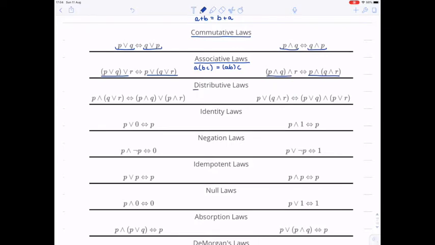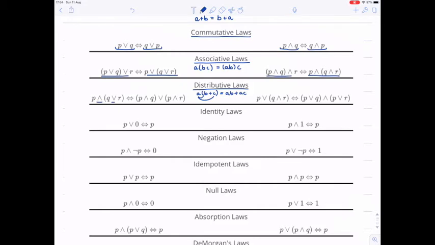We have some distributive laws. So now we're talking about combining ands and ors. If you think about the distributive laws, this tells us how to deal with things like A times (B plus C), and you know that you can distribute the A in if we're talking about multiplication and addition. And it turns out that the rules that you use are pretty similar.